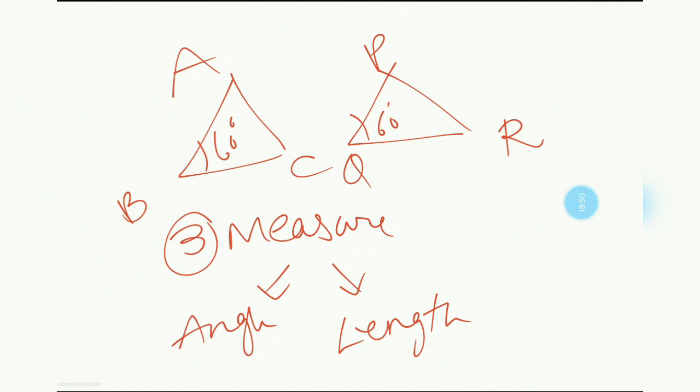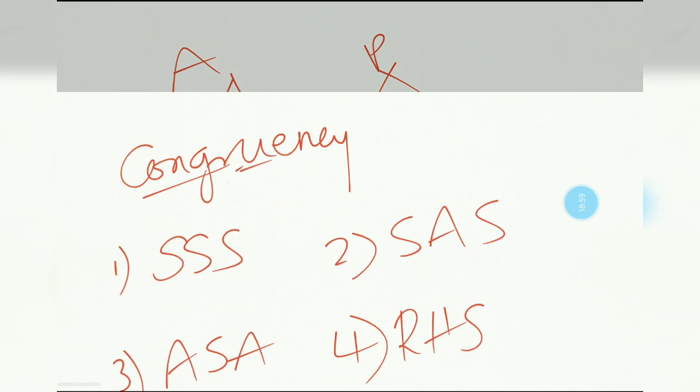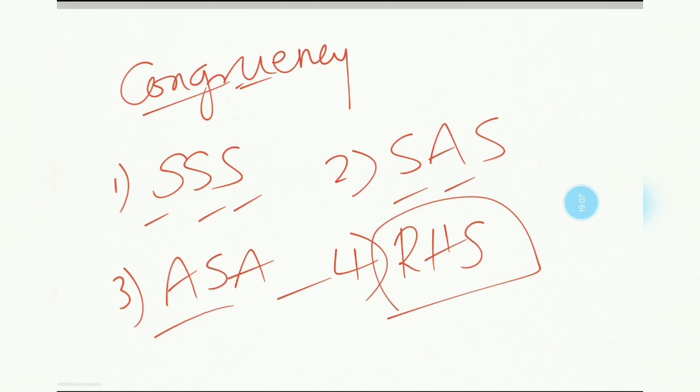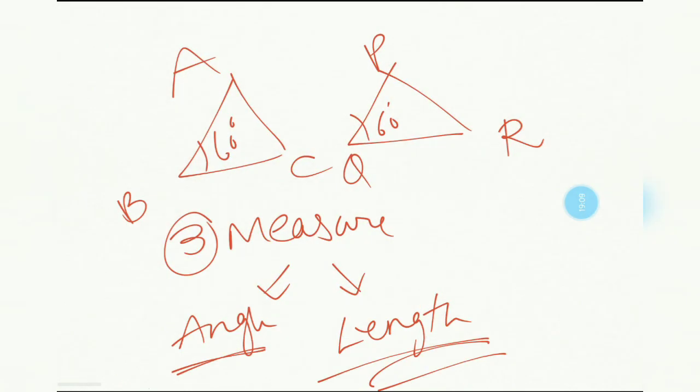That means it can be one angle and two lengths, or two angles and one length, or three lengths also, no problem. That is only SSS, SAS and ASA. That is side, side, side; side, angle, side; angle, side, angle; and RHS I'll tell you. So if you have at least three measures known and they are equal, you can simply tell that they are congruent.